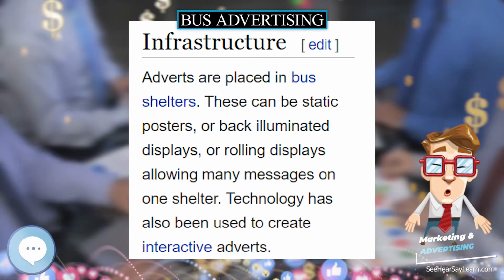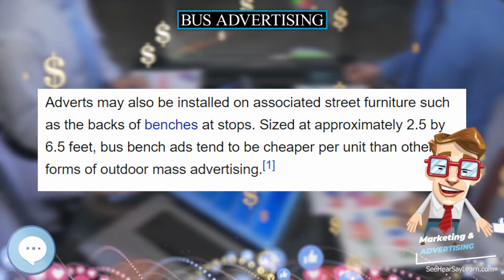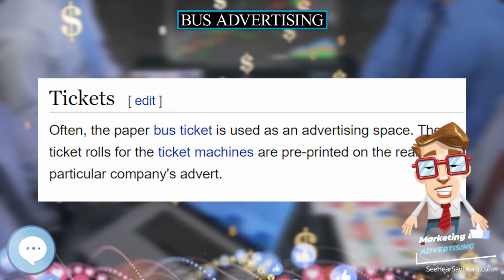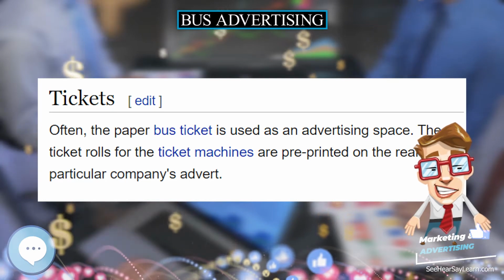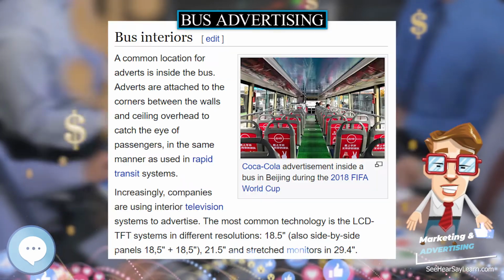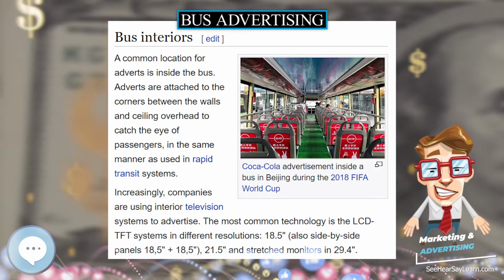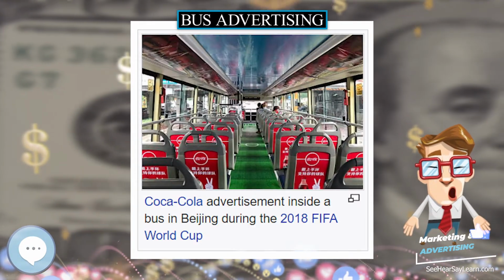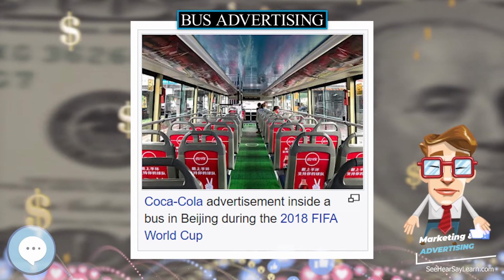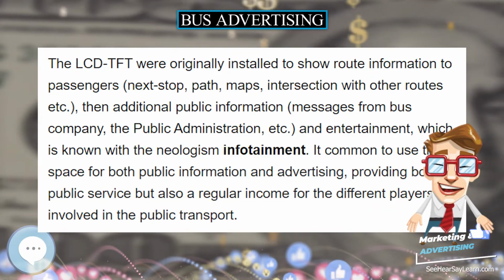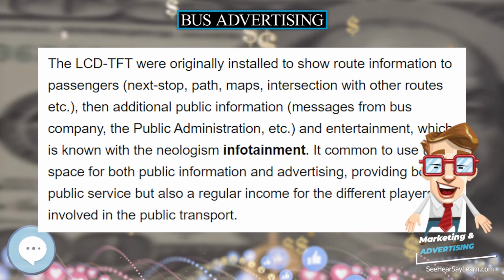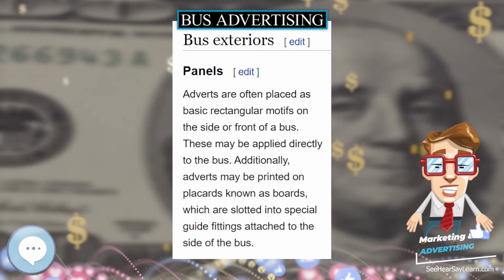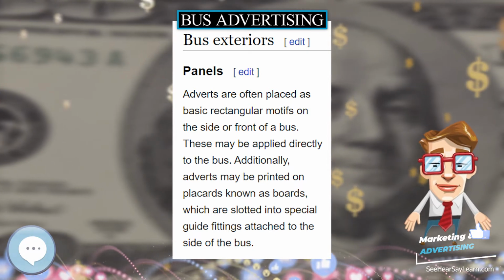The LCD TFT were originally installed to show route information to passengers: next stop, path, maps, intersection with other routes, etc., then additional public information, messages from the bus company, the public administration, etc., and entertainment, which is known with the neologism infotainment. It's common to use this space for both public information and advertising, providing both a public service but also a regular income for the different players involved in the public transport.